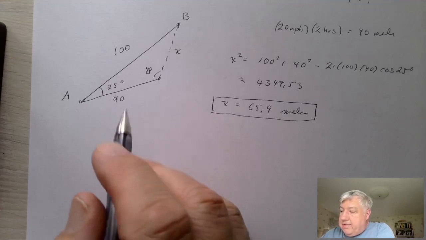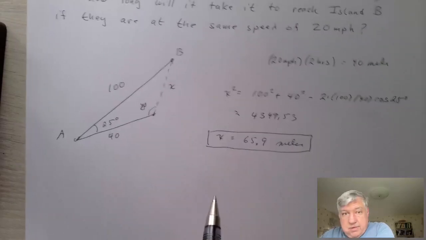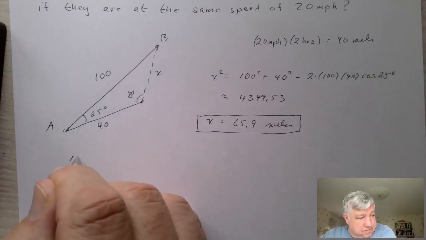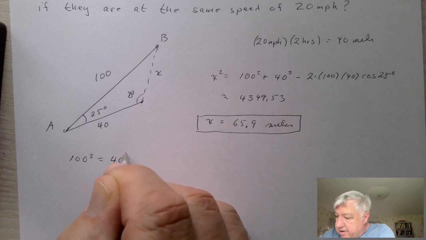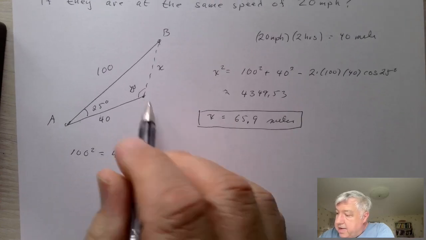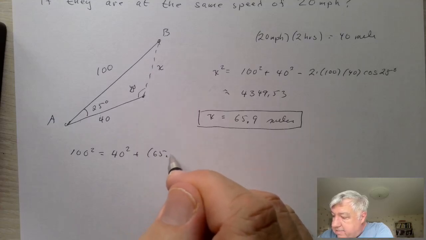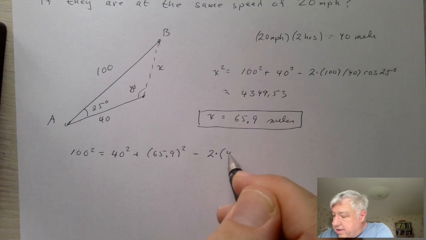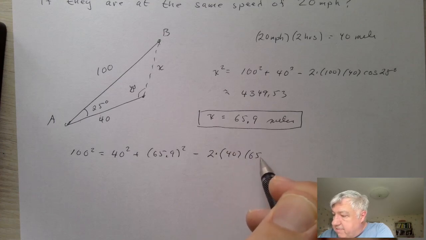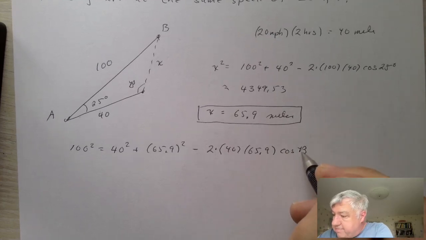In this case 100 is the side opposite beta. So we get 100 squared is equal to 40 squared plus x squared, and x we know now is 65.9, minus 2 times 40 times 65.9, times the cosine of beta.